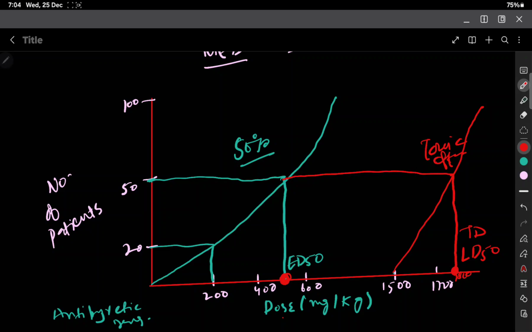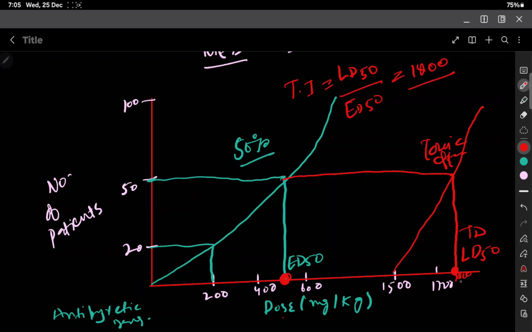Okay. Now, if we calculate the therapeutic index for this drug, what is LD50 here? Because therapeutic index is equal to LD50 upon ED50. So the LD50 lethal dose here is 1800.